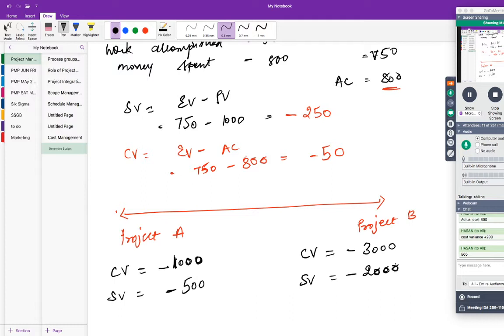Okay, so you are seeing two projects, and you see this result in both the projects. In project A, this is the performance, and in project B, the following is the performance. Now, which project is doing better relatively? Of course, they both have minus. That's a different story. But relatively, which project is doing okay?